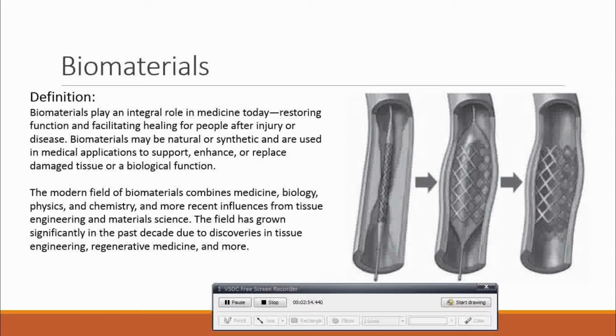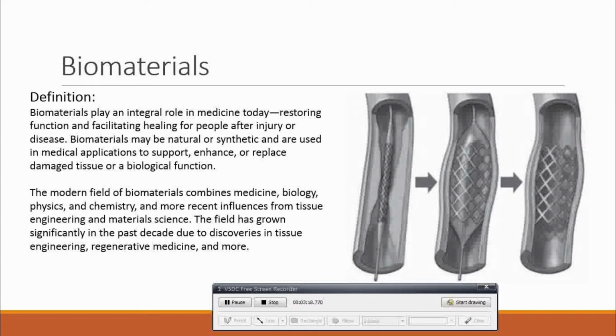Not just that, also some tests on biotribology. So the tribology of the materials will be investigated, so that when the material goes inside the human body, the human body will accept this material as part of the body system.